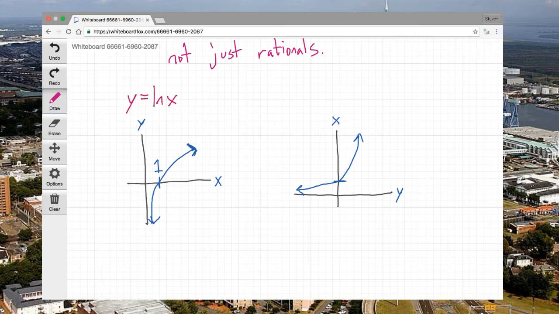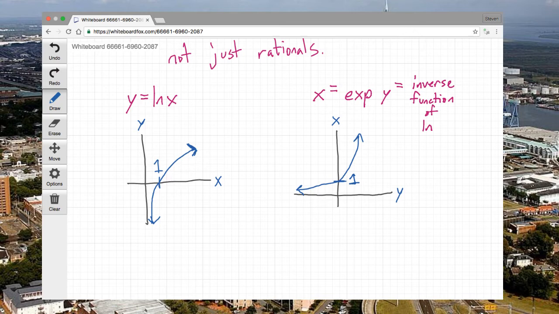This is the graph of x equals, and we're going to call this exp of y. And that's going to be the inverse function of the natural log. So it looks exactly the same, it's just been mirrored on its side. And we're eventually going to call this e to the y, but we'll have to give a good reason to say that in just a moment.